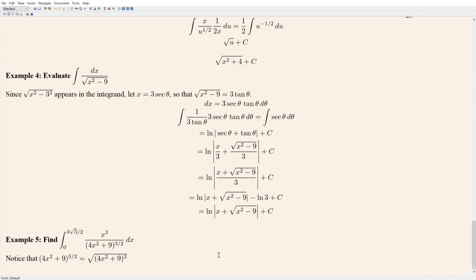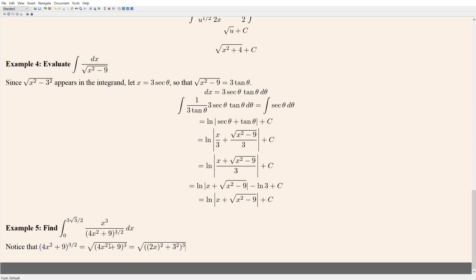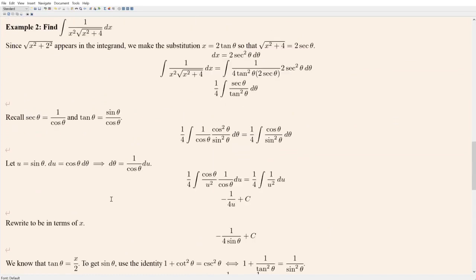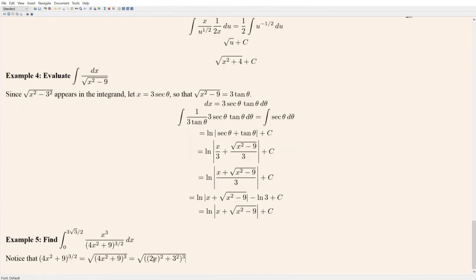Well, that's not a big problem, because this is the same as 2x squared plus 3 squared. 4x squared is the same as 2x, squared. So what would the a be in this case? 3. So instead of writing x equals 3 tangent theta, let's write 2x equals 3 tangent theta, because it's 2x which is occupying the same spot that x occupies in the formula.